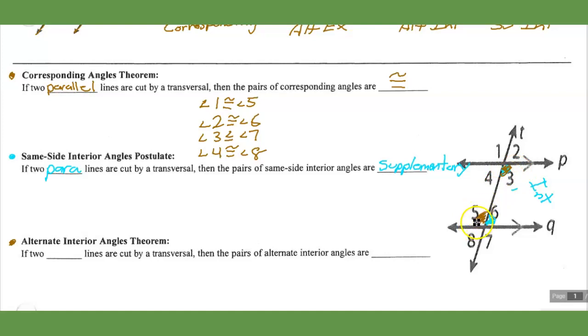The only way that's going to happen is if both of these have the same measurement. So if parallel lines are cut by a transversal, then alternate interior angles are congruent. That's angle 3 congruent to angle 5, and the other pair would be 4 and 6. Angle 4 is congruent to angle 6.